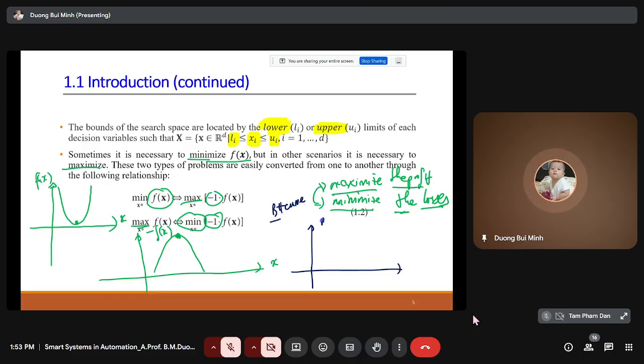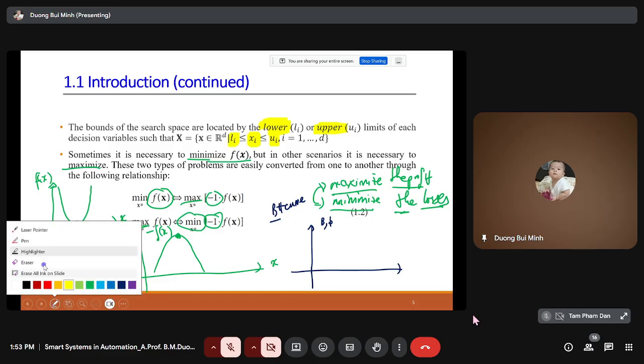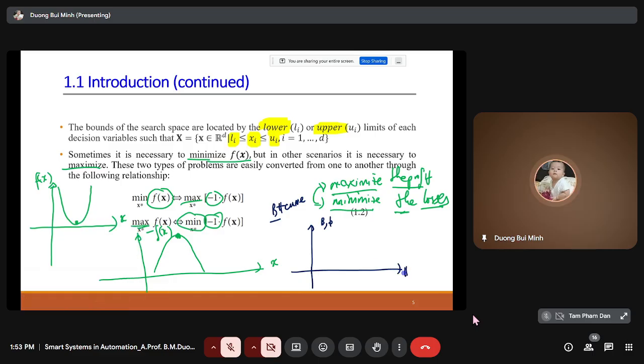So this is B, or phi, and this is X, proportional to I, proportional to the electron force. So we get the curve like this.